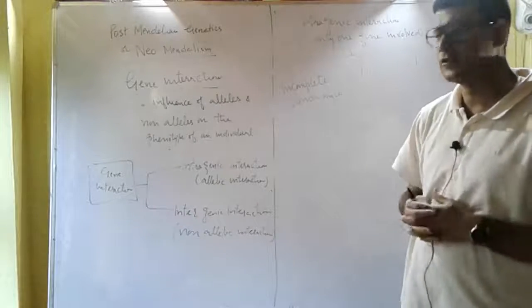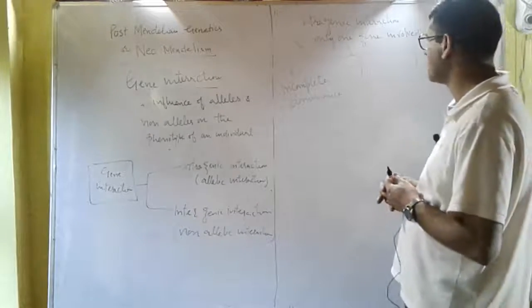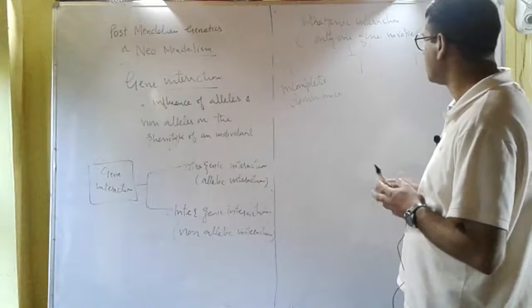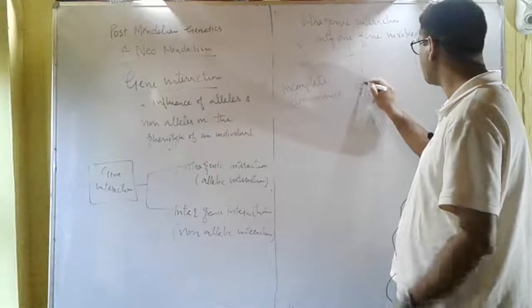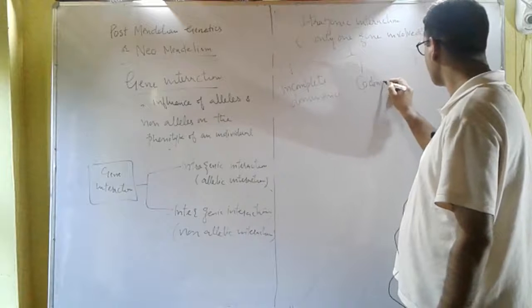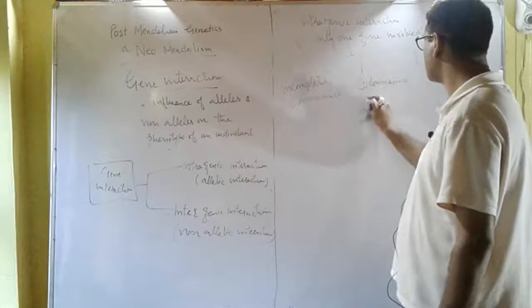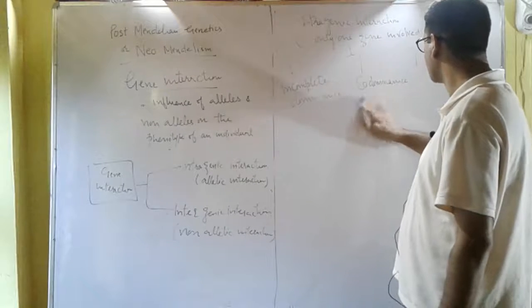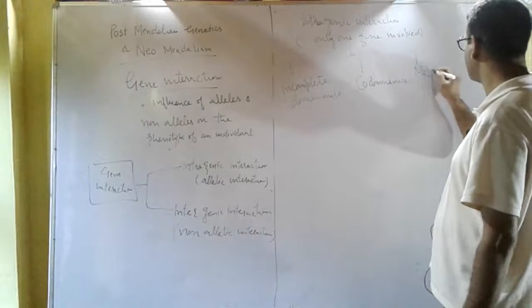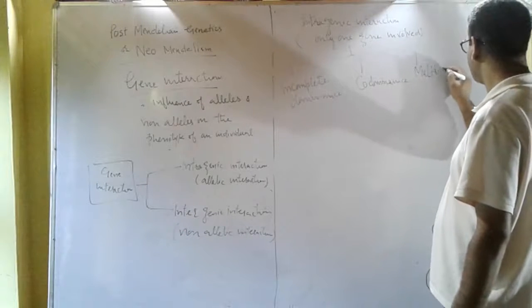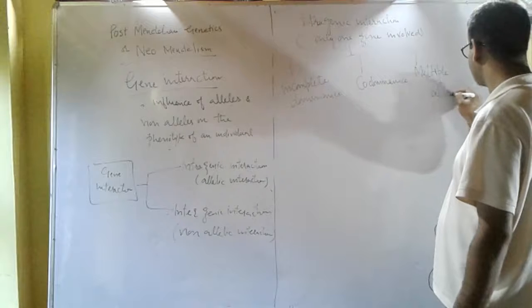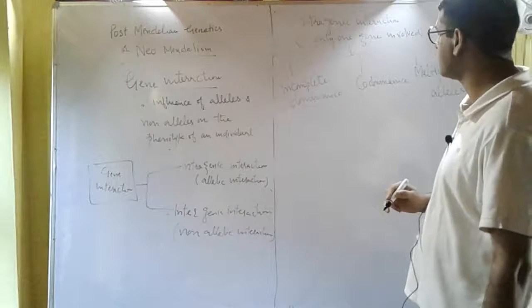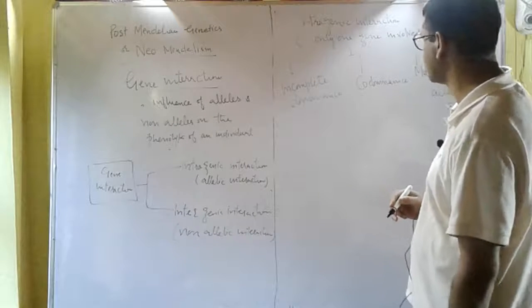It can be of three types: incomplete dominance, codominance, and multiple alleles. These are examples of intragenic interaction.